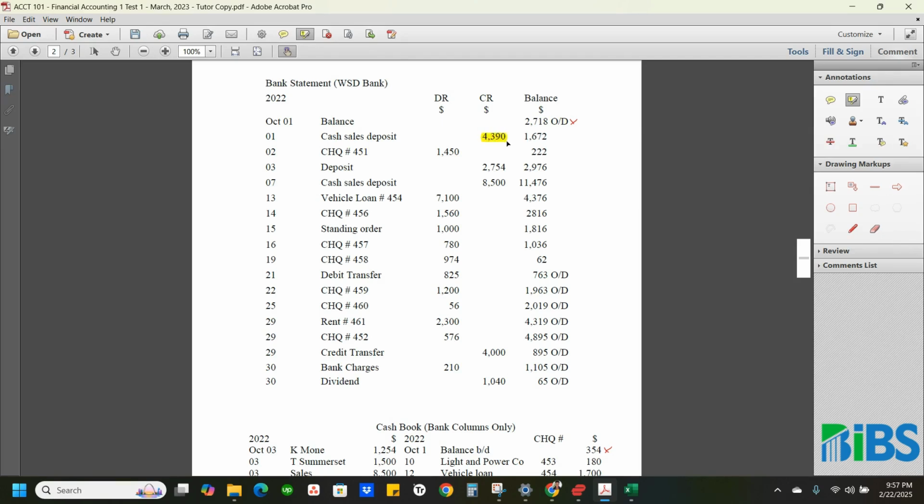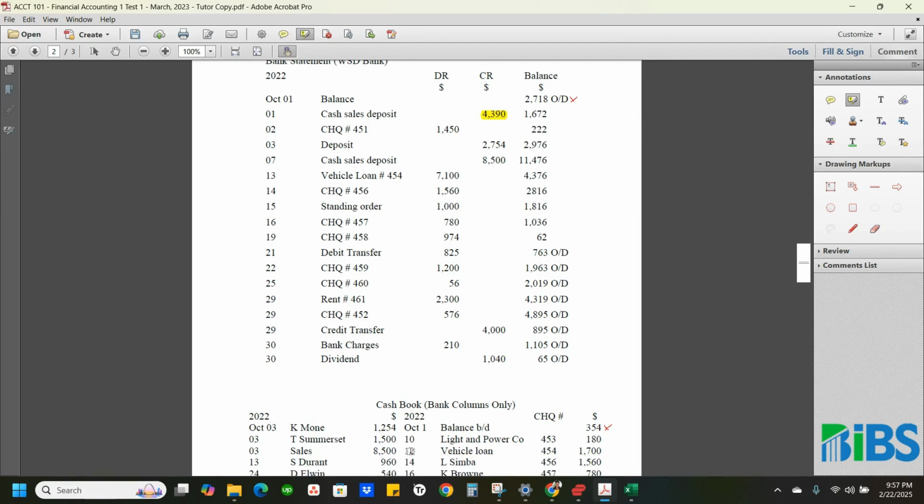So usually anytime you come across a deposit on your bank statement that is not reflected in the current cash book for the month that you're reviewing, it's more than likely an unrecorded deposit from the prior month. So if the balance is incorrect as it is here on the cash book, we would include that in our calculation for the opening reconciliation.